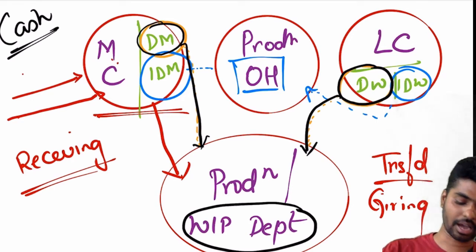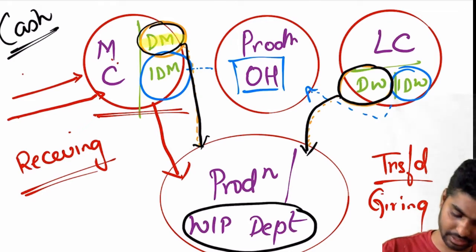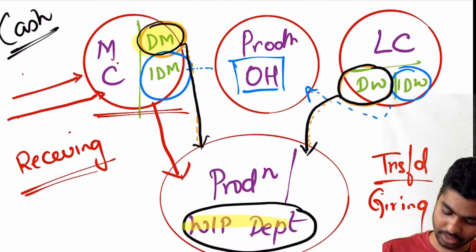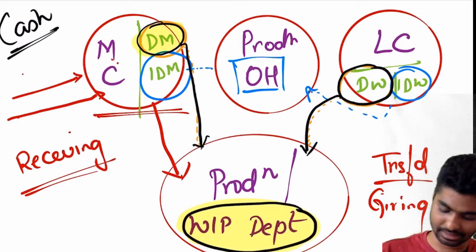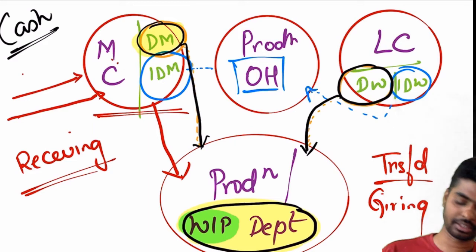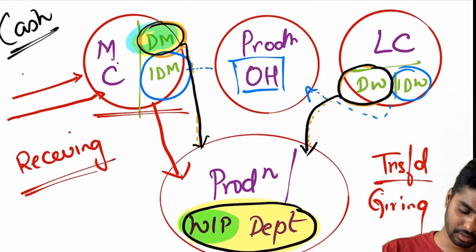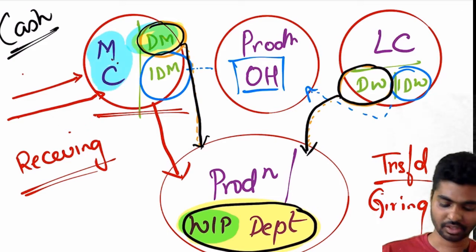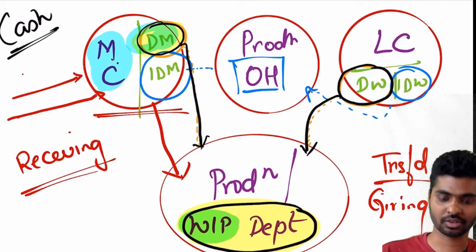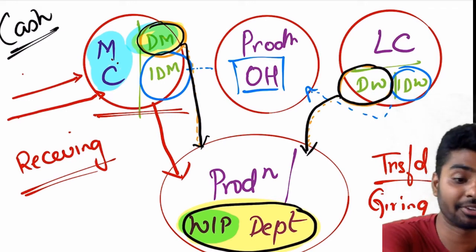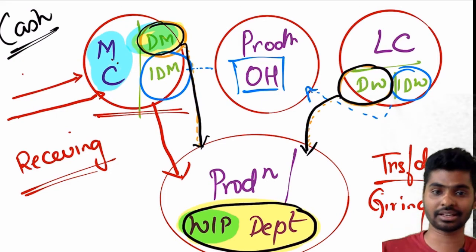Second one, I issued my raw materials from here to here. So my receiving department was this, and the department from where I gave was this. So what happened? WIP control account debit to material control account. Is everyone fine till now with regards to this?